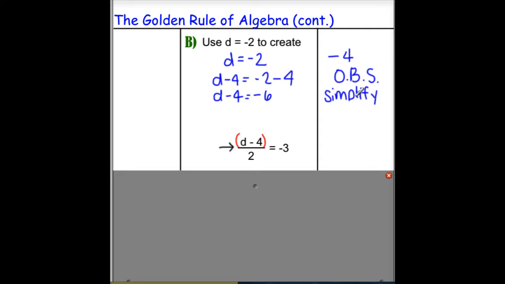Now next, from d minus 4, I still have this 2 down here, so I need to divide by 2. I'm going to go ahead and divide by 2 on both sides, and I'm going to fix that because that looks like a negative 2. I'm going to write that down over in the right hand column: divide by 2 on both sides.